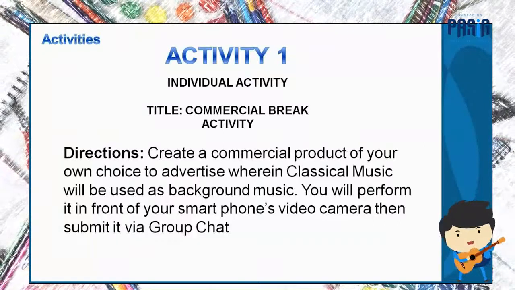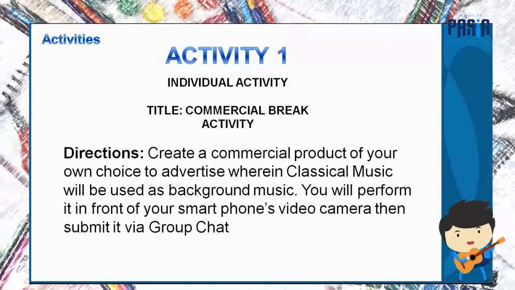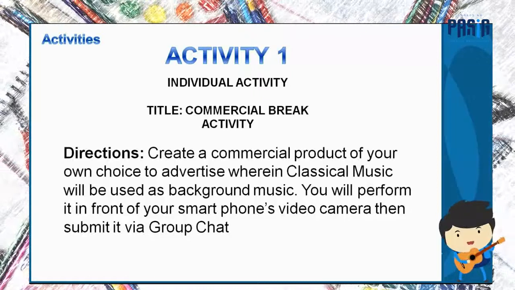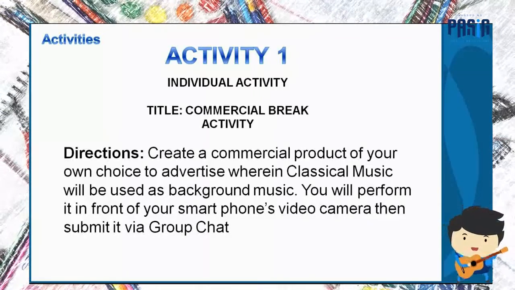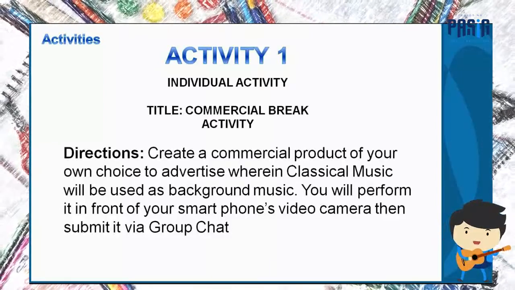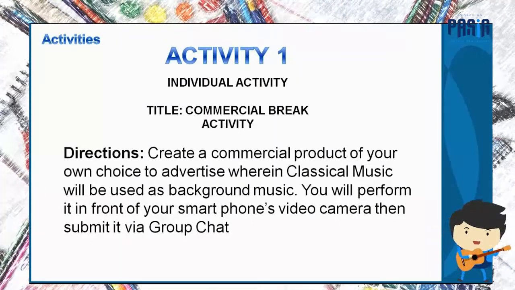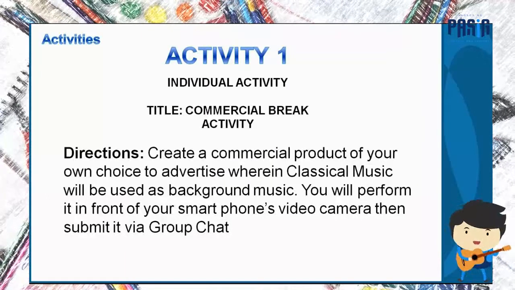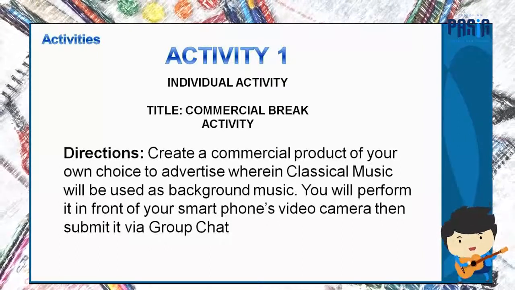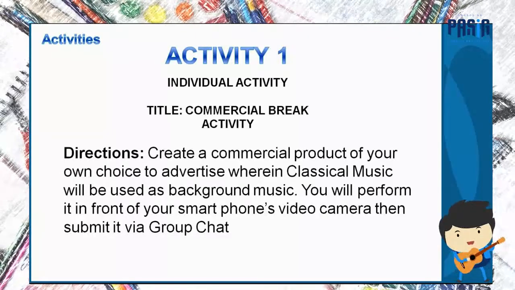First, create a commercial product of your own choice to advertise wherein classical music will be used as a background music. So remember, you will use any classical music as your background music. Then, you will perform it in front of your smartphone's video camera and submit it via group chat.